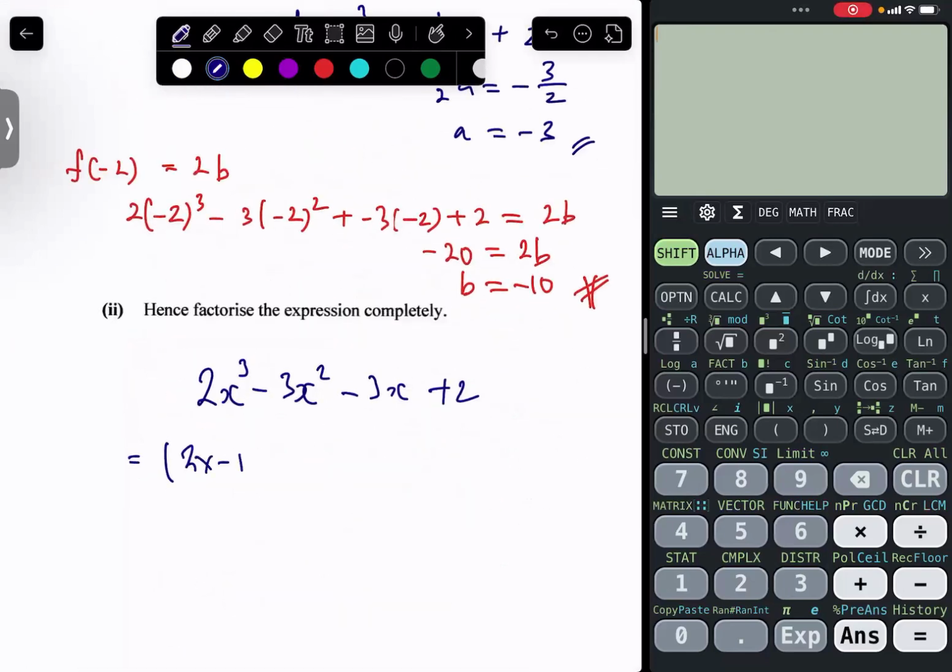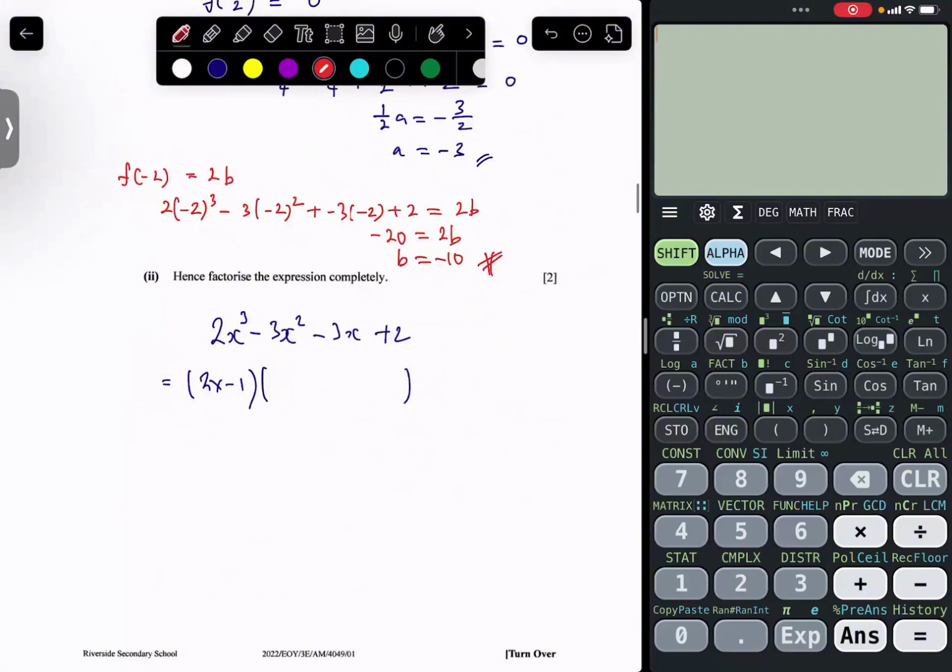Now, when it's divisible by 2x minus 1, it leaves a quadratic. So how to find this quadratic? We can do long division. 2x cubed minus 3x squared minus 3x plus 2 divided by 2x minus 1.